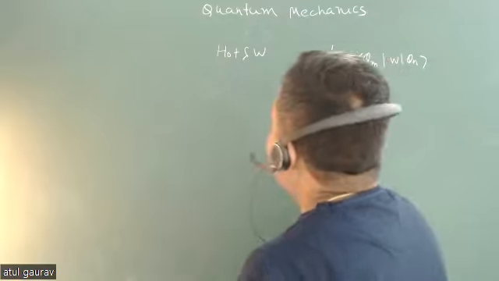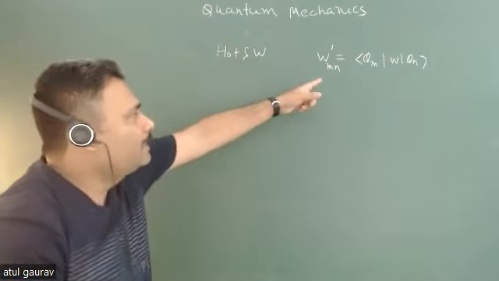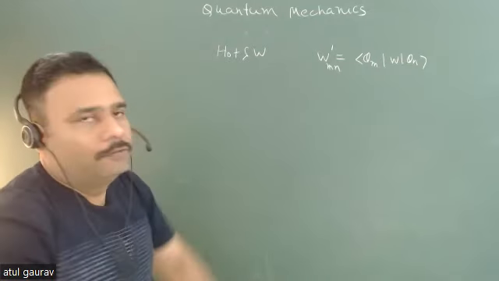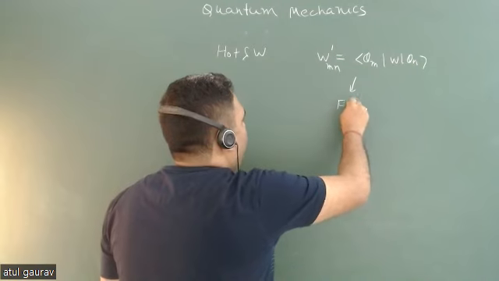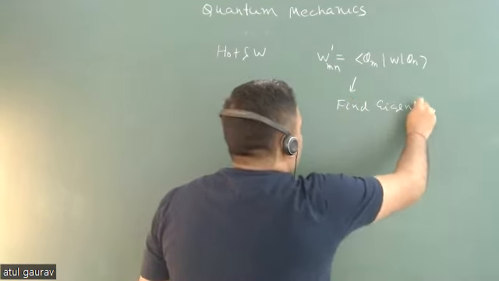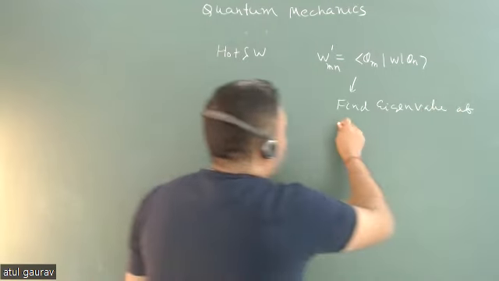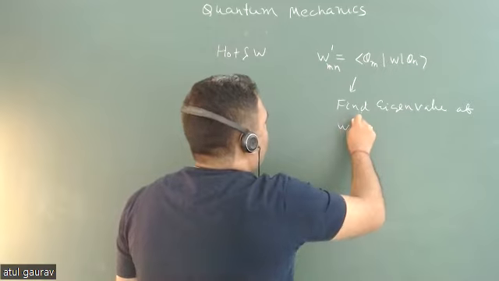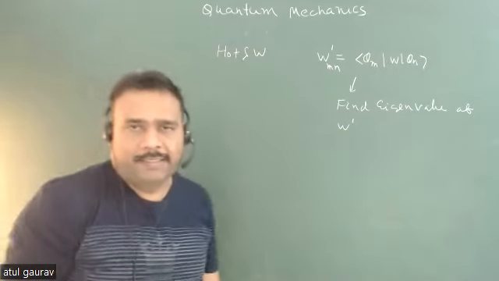Once you write this, you have to find the eigenvalue of W dash, and that will be the first order correction.